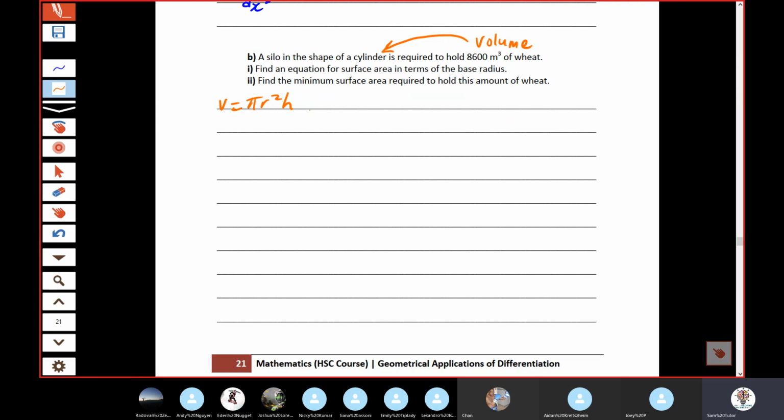V equals pi r squared h. Okay. And it says surface area. You were saying, Fiona, surface area is 2 pi r squared plus 2 pi r h, because of the 2 circles and the curved bit times h.